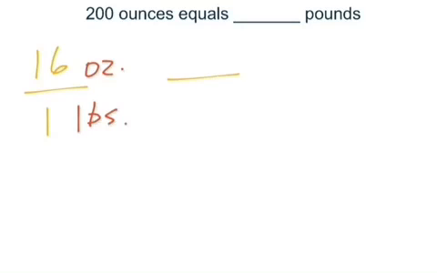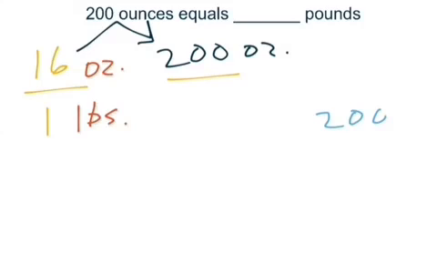So then over here, well, what if I have 200? If I have 200 ounces, how many pounds would that be? Well, we got to find the relationship between 16 and 200. You might not know off the top of your head, 16 times something equals 200. Well, if you can't figure it out, the method from there is to divide 200 by 16. We'll figure out how many times 16 goes in there.